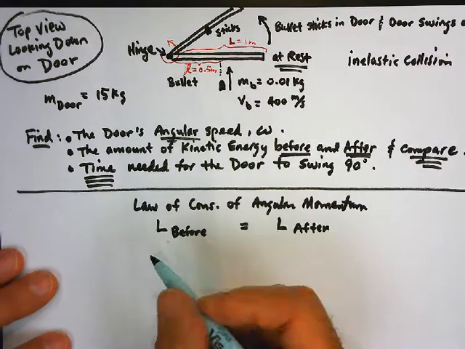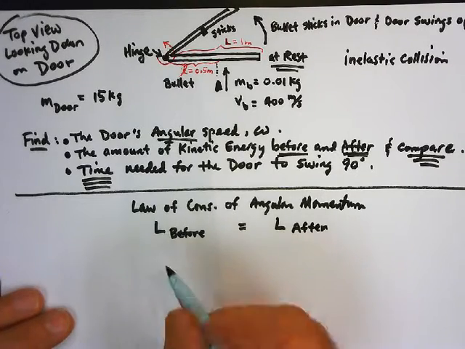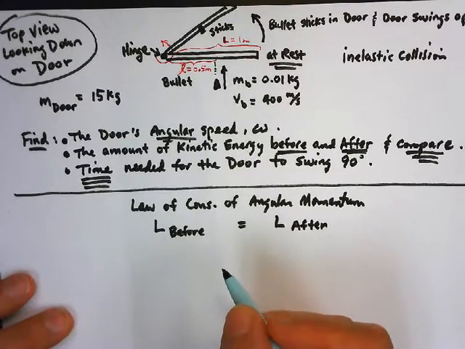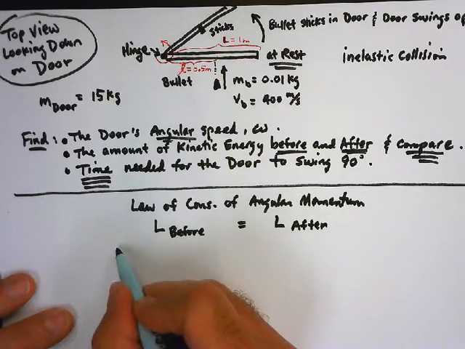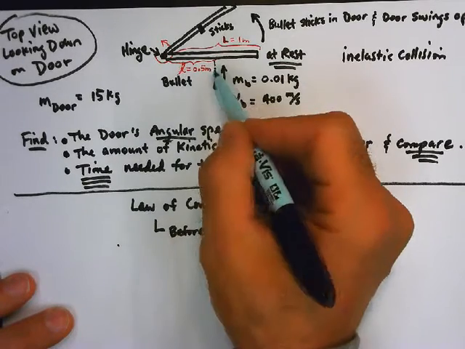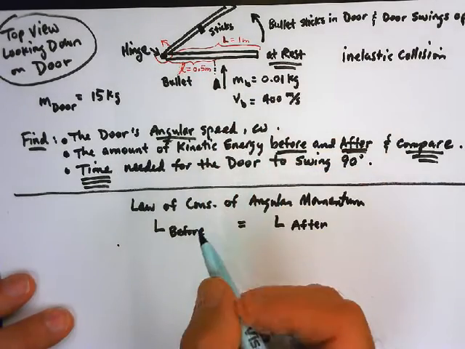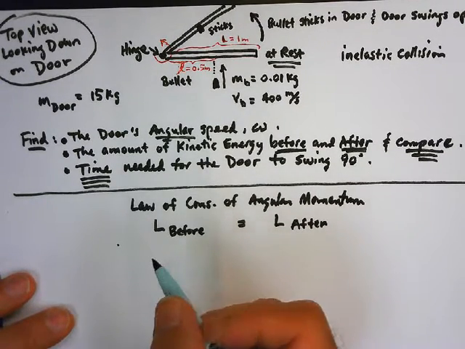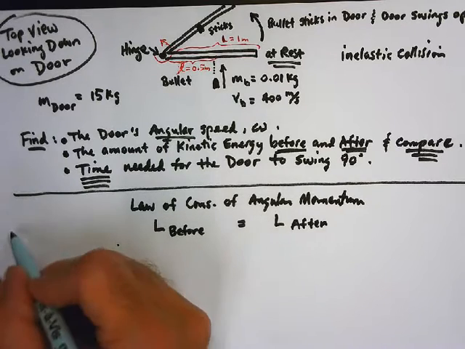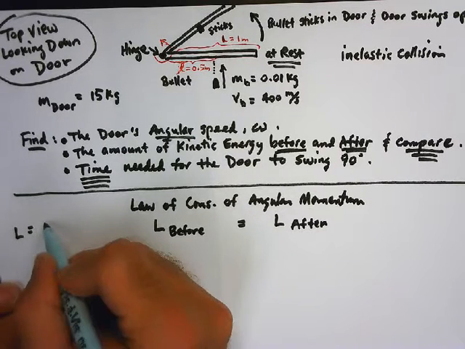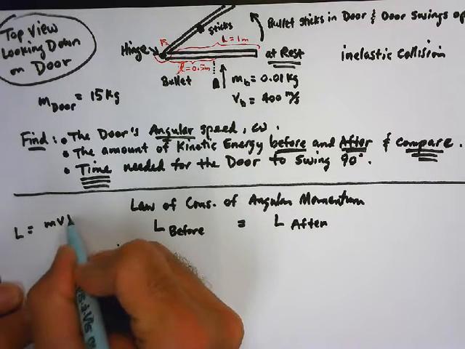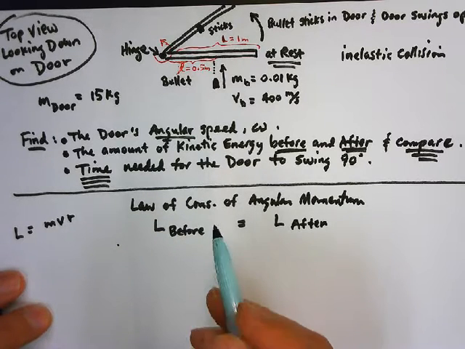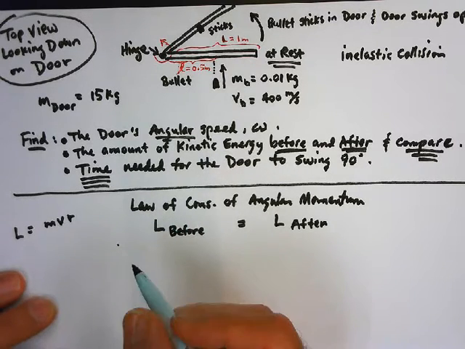So, what would the bullet's momentum be before? Well, it's going at 90 degrees from the doorway, so therefore sine of 90 is 1. Sine of 90 degrees is equal to 1, so we can just use, remember, angular momentum is equal to mass times velocity times the position vector, the distance.